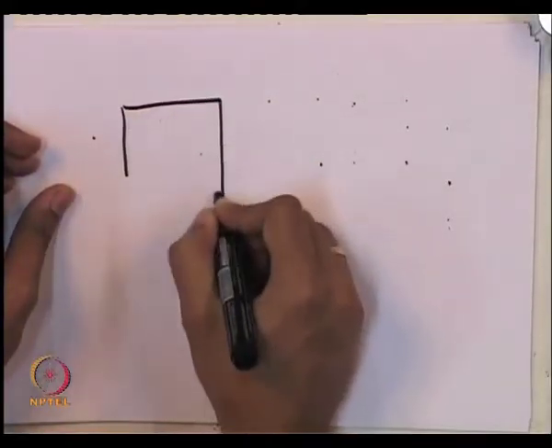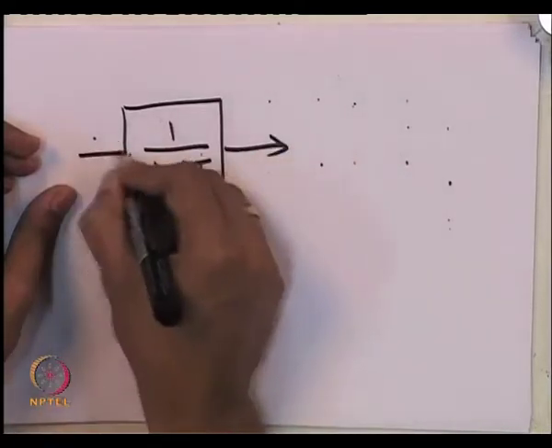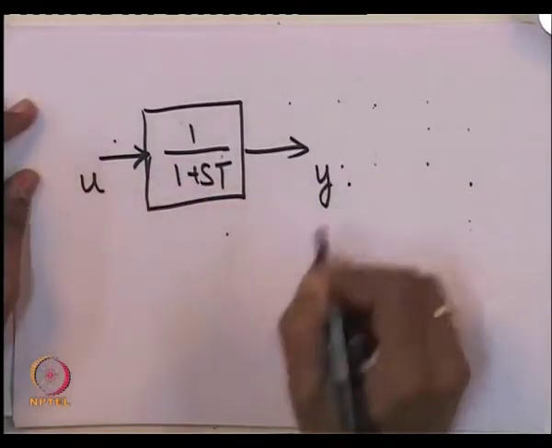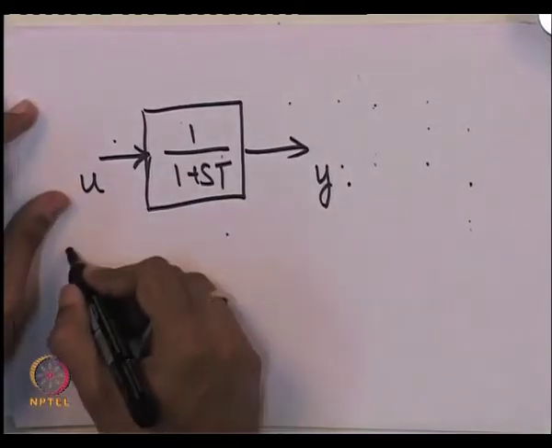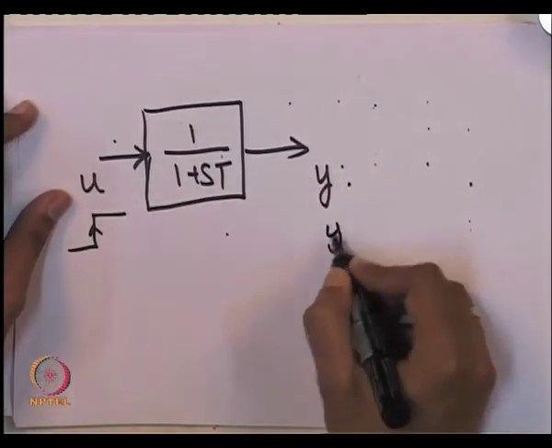Now, what we have drawn right now is actually quite interesting. The transfer function 1 upon 1 plus s t is an interesting transfer function. If you look at some simple things it does. Okay. If you have got u and y here, if I give a step change in u, what will y be?